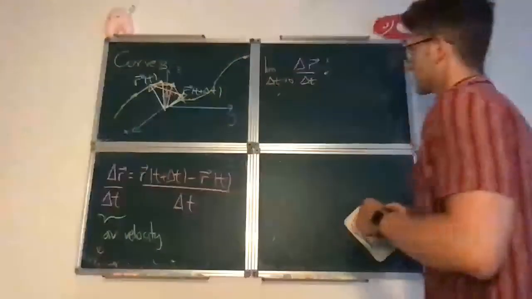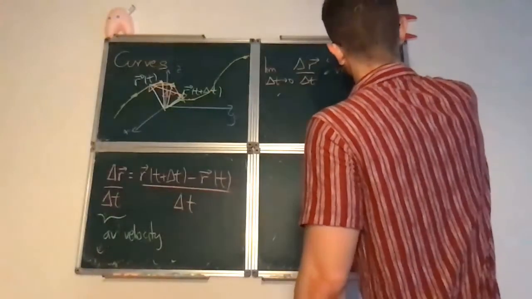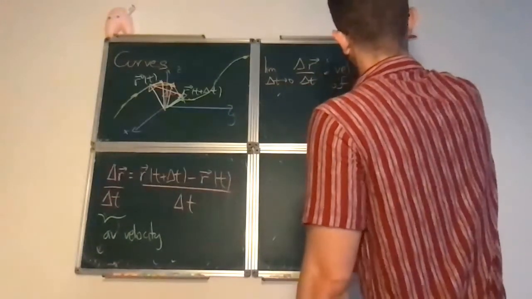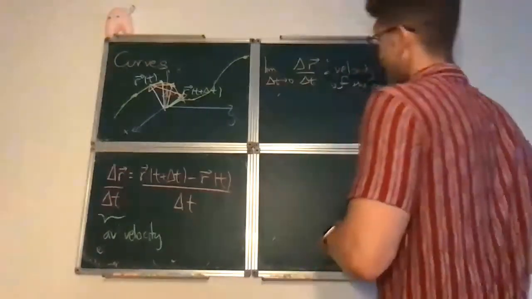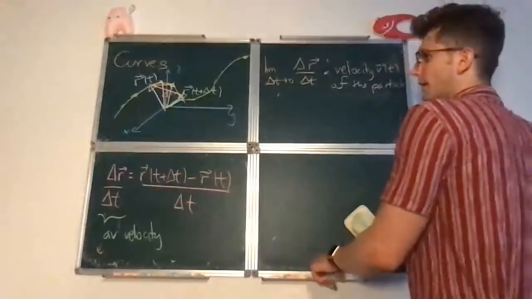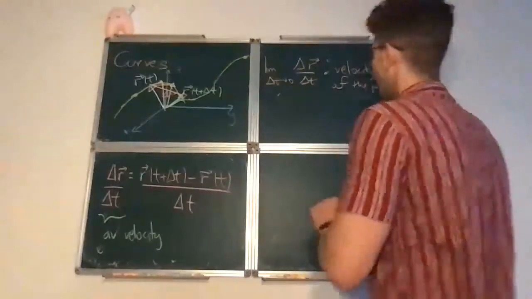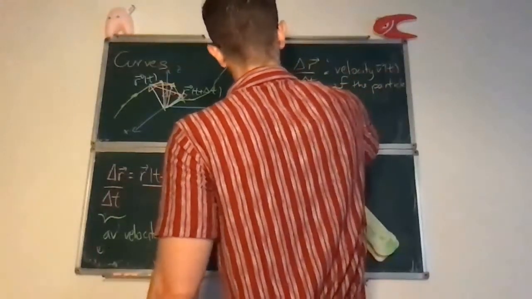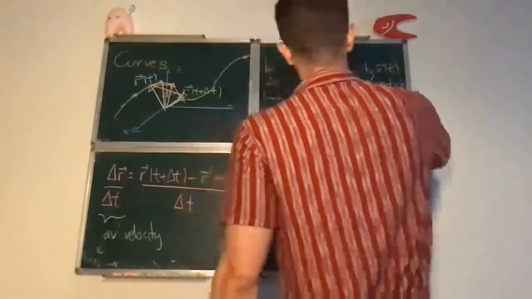Well, the physical interpretation of this is that this is like the velocity of the particle, but from the geometric perspective, this will yield a vector that's tangent to the curve, right? So meaning that this will be a vector tangent to the curve.